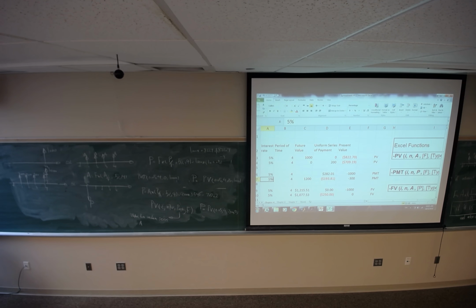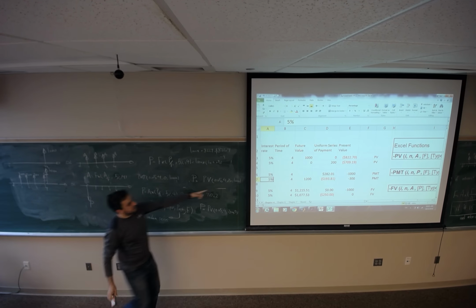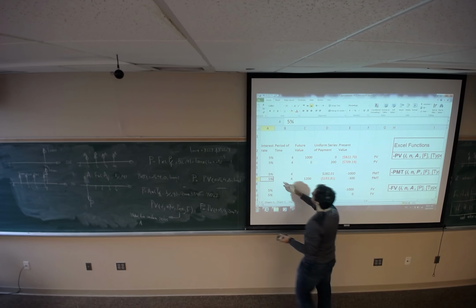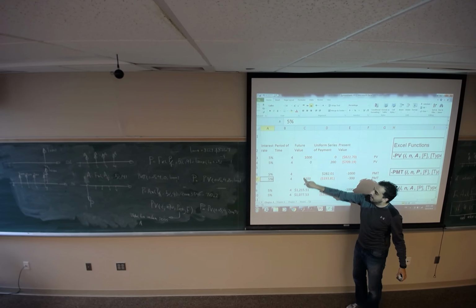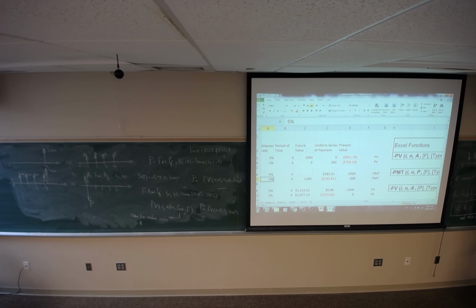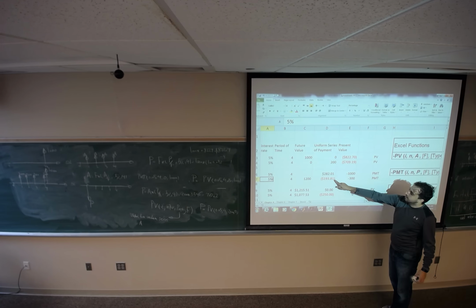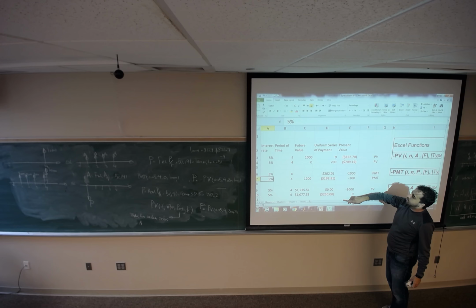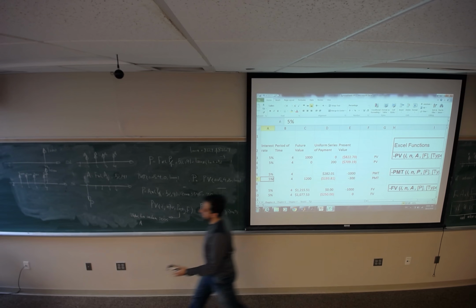Right here, the interest rate is 5%, the period of time is 4. I assume that the future payment is 1,200, not 1,000. Let me change it for now to 0.